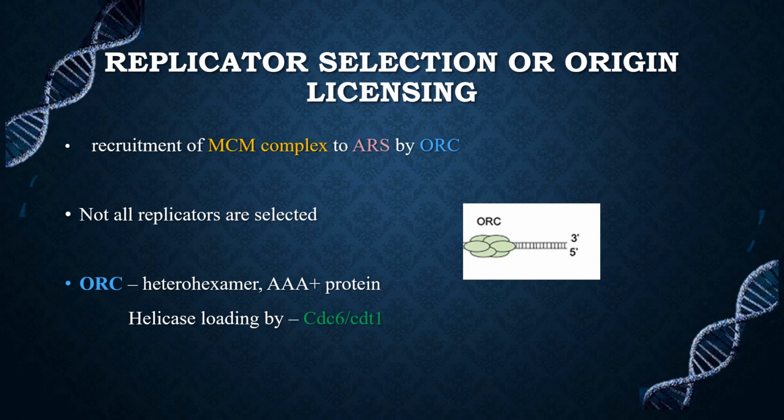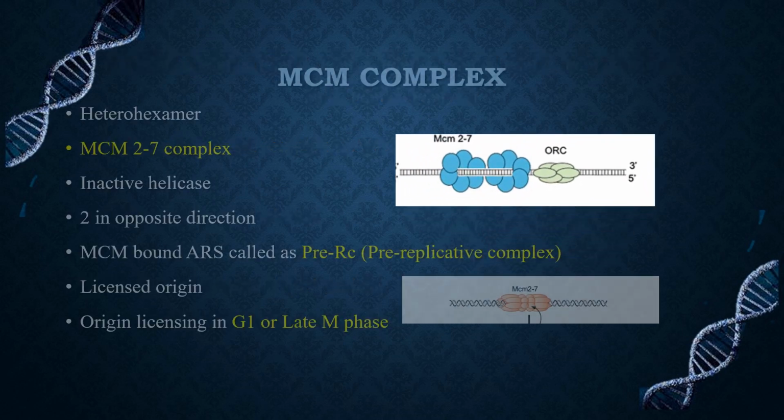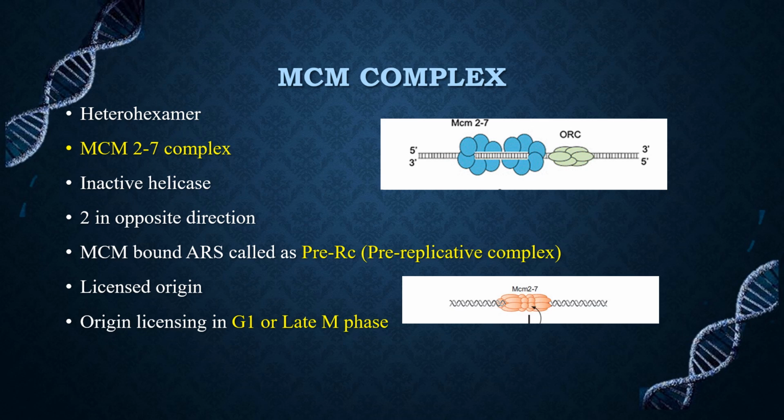Whenever ORC binds to the ARS, the MCM complex is loaded onto the ARS with the help of CDC6-CDT1. ORC, the initiator protein, is a heterohexameric AAA+ protein, and helicase loading is done by CDC6-CDT1. The MCM complex is a heterohexamer, the MCM 2 to 7 complex. It is an inactive helicase.